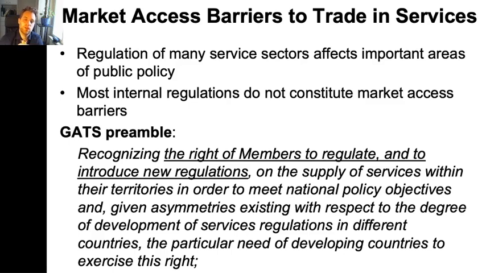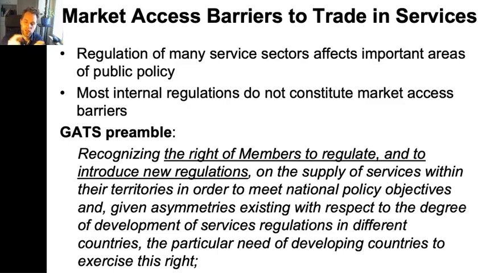And that's why the GATS preamble already makes it clear that there is a recognition of the right of members to regulate and to introduce new regulations on the supply of services within their territories in order to meet national policy objectives.